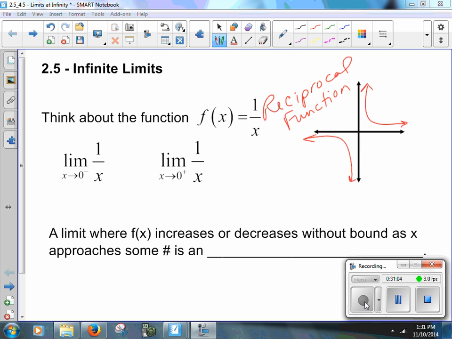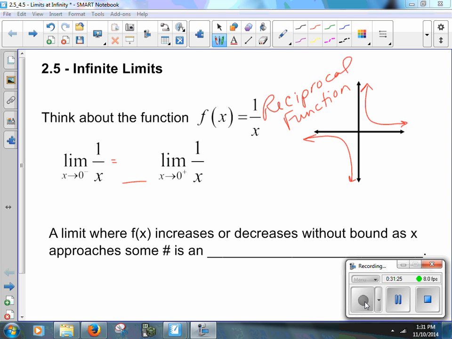So, if I'm approaching 0 from the left, when it's negative 1 over x, it's reflected about the x-axis.